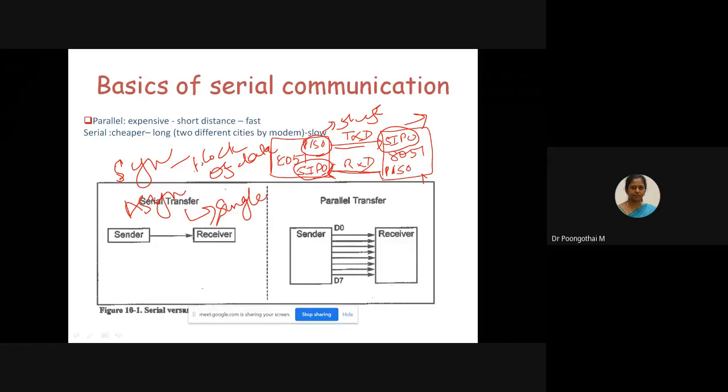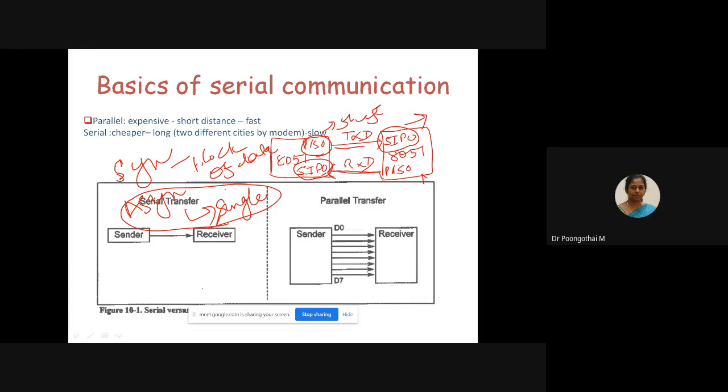Most microcontrollers follow this asynchronous data communication. Your entire data byte is packed between a start and stop bit.